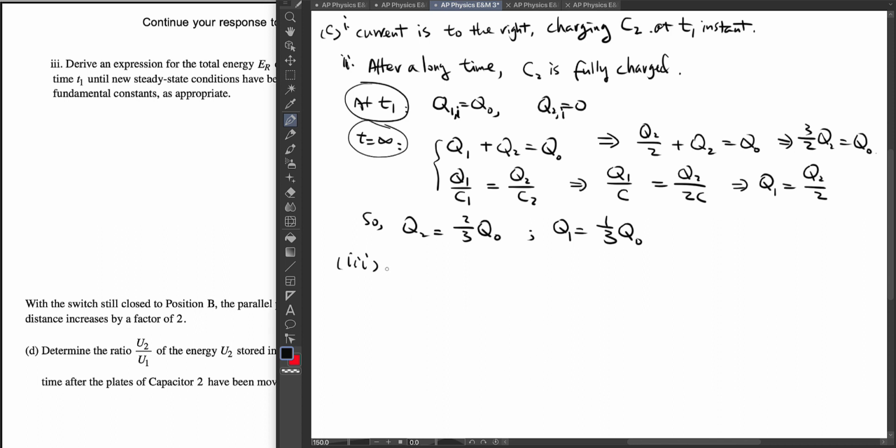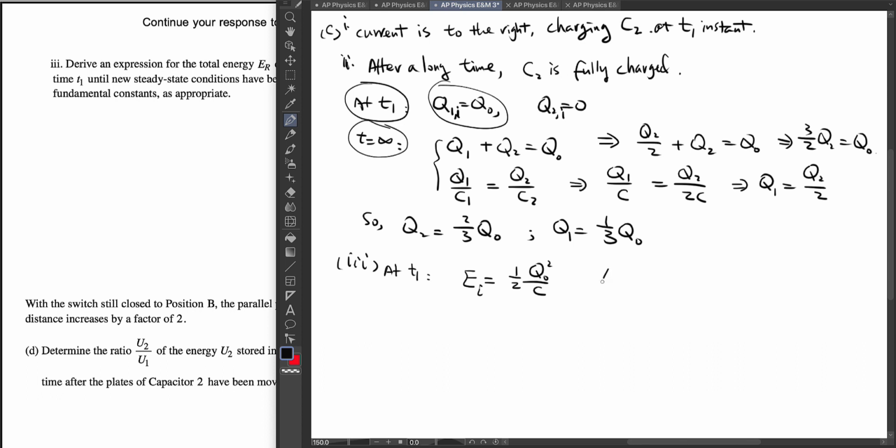At t1, the energy of the two capacitors comes from just capacitor 1. So that's the initial energy. We would have 1/2 Q naught squared over C.